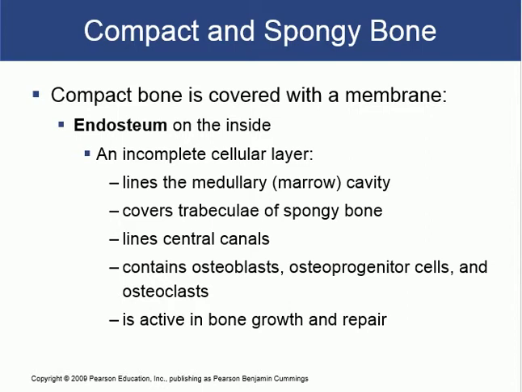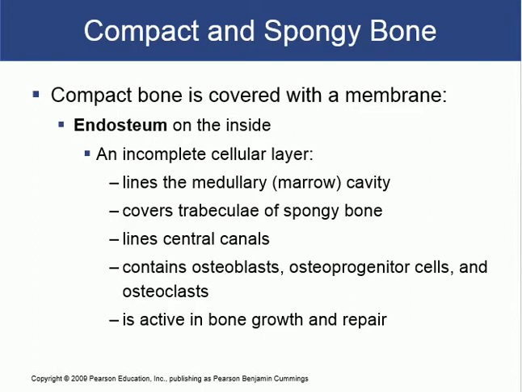The inside of the bone, as I mentioned, contains endosteum, and the endosteum is an incomplete cellular layer. If you look at it like this, this is the bone, this is periosteum, and this is endosteum. The periosteum is two layers, outer fibrous, inner cellular.